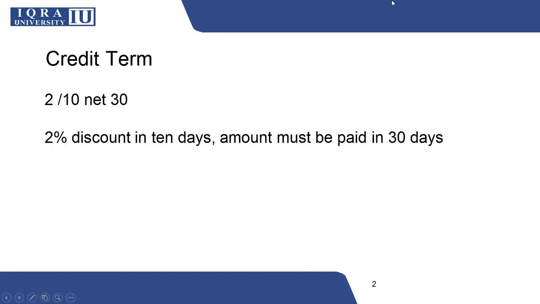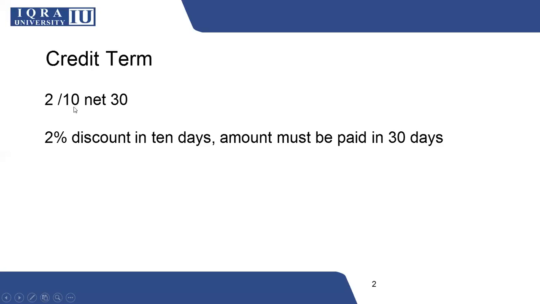The first term 2/10 indicates, if I'm explaining it from the perspective of a supplier, that your supplier is giving you this offer: if you pay within 10 days, he is going to allow you a 2% discount. In simple words, you can avail the 2% discount if you are settling the amount in 10 days.